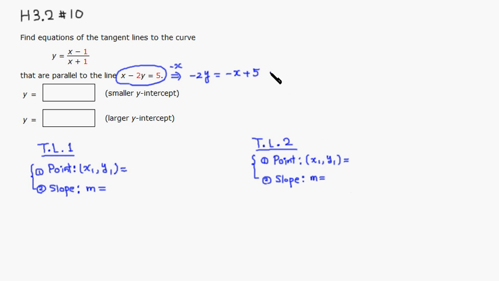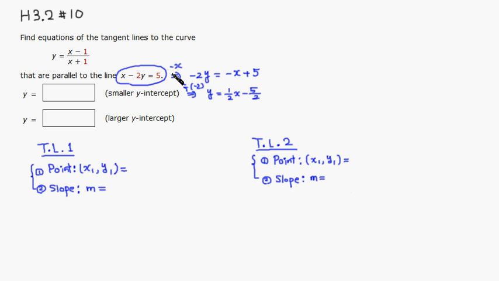Then we can divide through by negative 2. So that will give us y is equal to negative x divided by negative 2, which is 1/2 x, and 5 divided by negative 2 is negative 5/2.